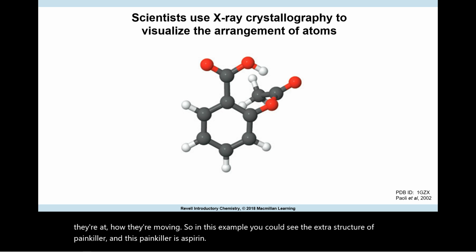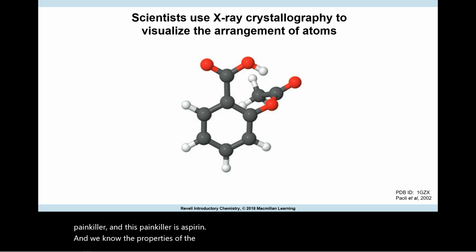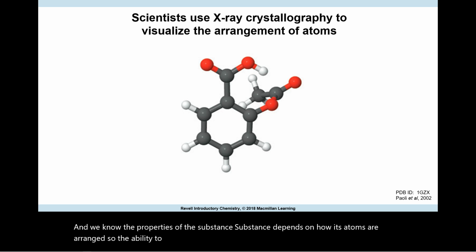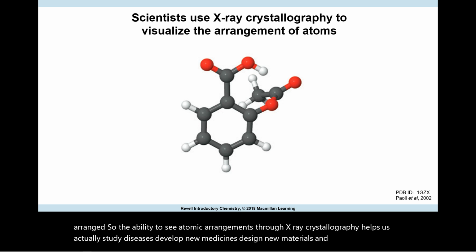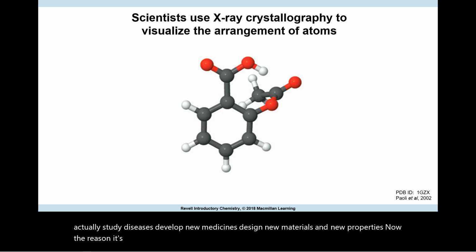We know the properties of a substance depend on how its atoms are arranged. So the ability to see atomic arrangements through X-ray crystallography helps us study diseases, develop new medicines, and design new materials and new properties.